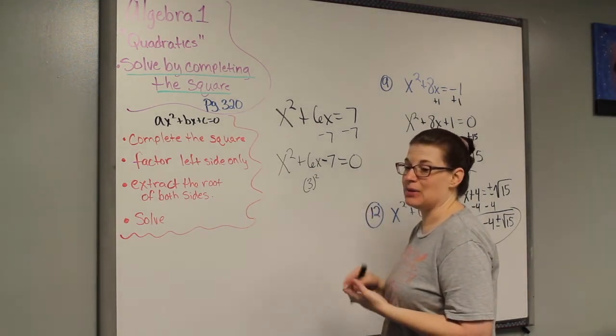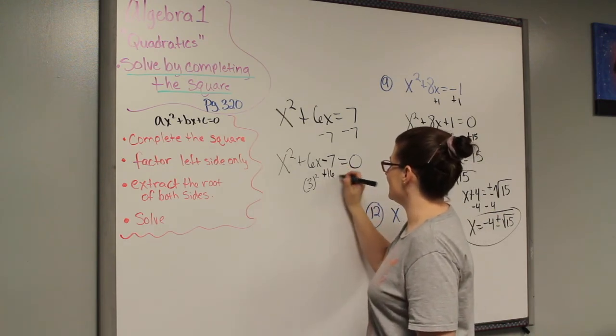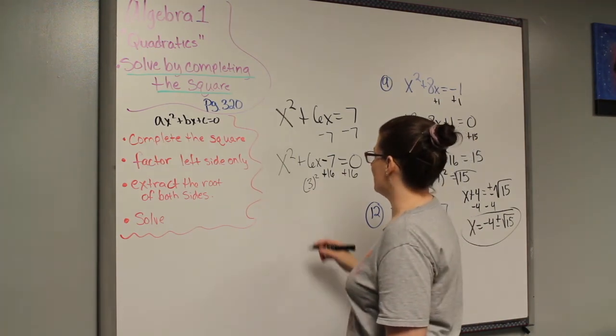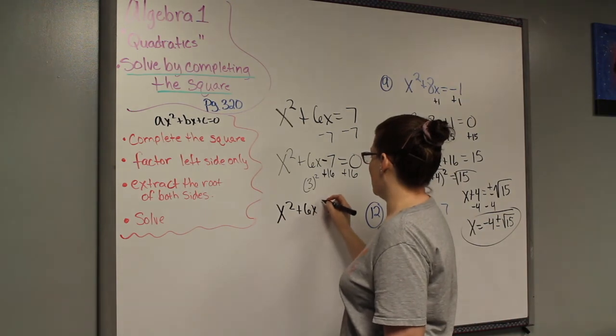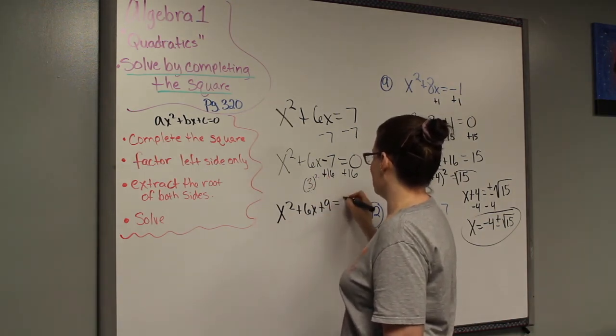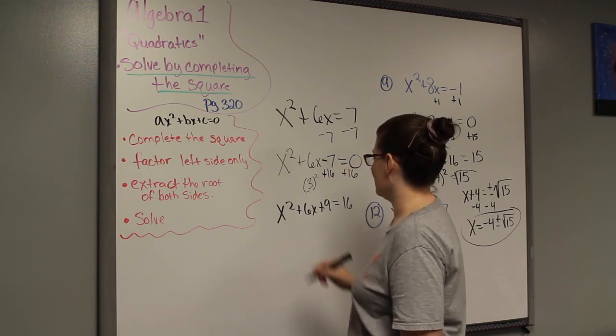So I need 7 plus 9 more, which is 16. So I need to add 16 to both sides. Now I would have x squared plus 6x plus 9, 3 squared, equals 16. Negative 7 plus 16 is positive 9, okay?